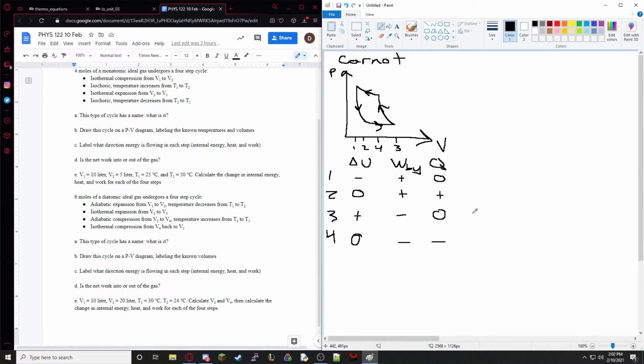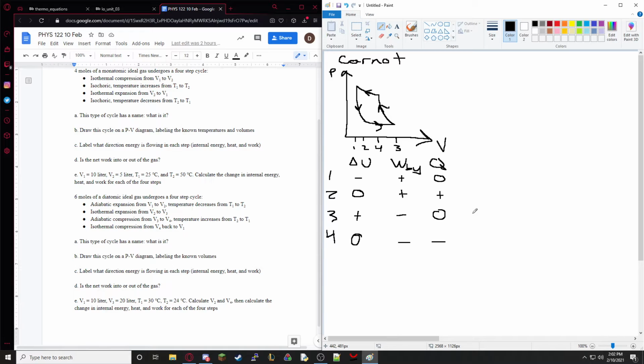So is the total net work for this process going in or out of the gas? So is the gas doing work, or is work being done on the gas in total? I think since the work is negative, the negative values of work would be larger than the positive values of work.